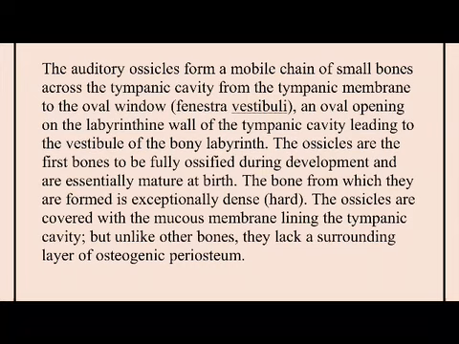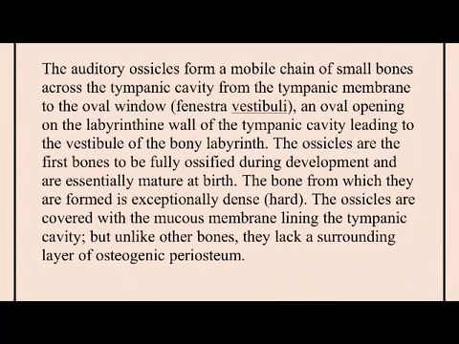The ossicles are covered with a mucous membrane lining the tympanic cavity, but unlike other bones, they lack a surrounding layer of osteogenic periosteum. So the ossicles don't have periosteum, unlike other bones, which are covered by periosteum.